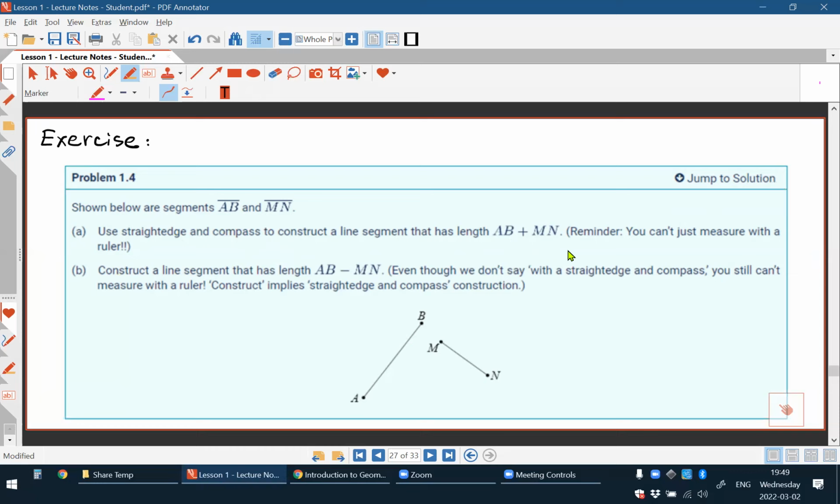And again, remember that you cannot just measure with a ruler, okay? And second question, construct a line segment that has length AB minus MN. Okay? I'll give you 2 minutes to think about this question.